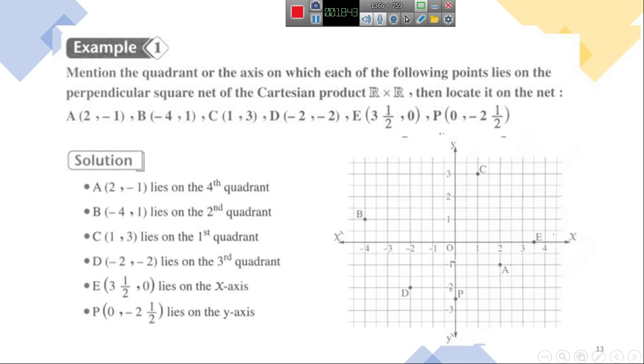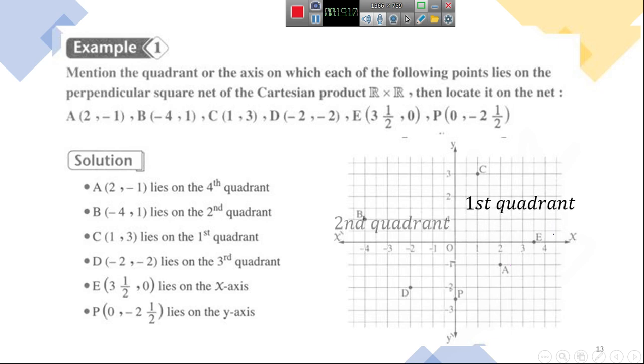He is asking us to mention the quadrant in which each point is located. Here we have 4 quadrants. Starting from this one, this is the first quadrant, moving anti-clockwise.